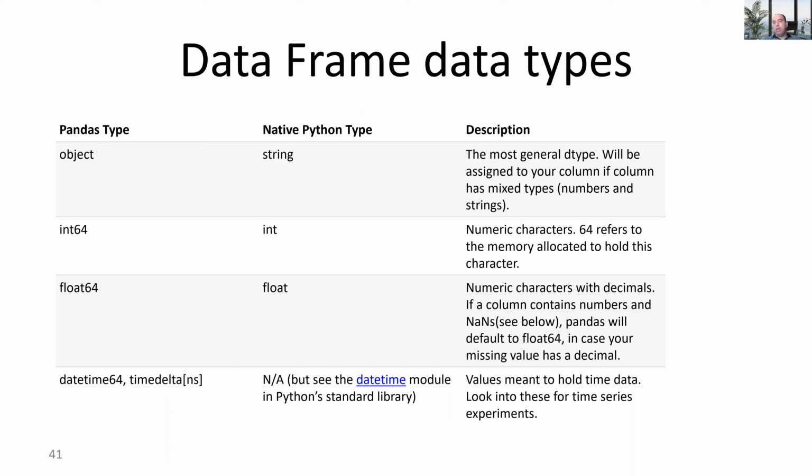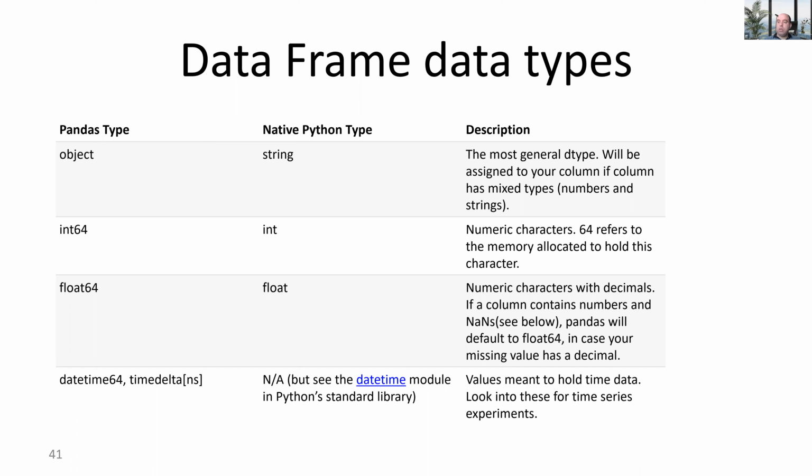If some of our values in that series are numbers and some are strings, or some are integers and some are floats, this series will have an object type. And of course, integer in Python, in pandas we will call int64. Sometimes you can use int32 to save some space.